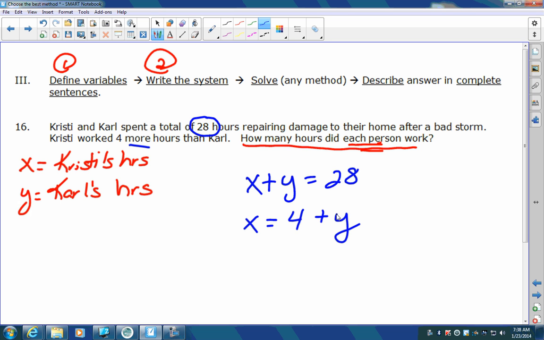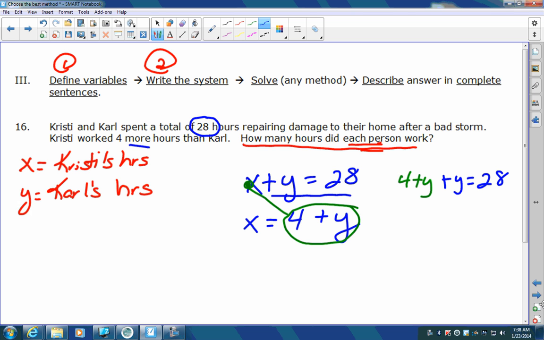Substitution. So you're going to take what X equals and substitute it up here for x. So I'm rewriting that top equation, and instead of x, I'm going to put 4 plus y. Now here's what I'm noticing people aren't doing. Write the rest of that equation, guys. Plus y equals 28.